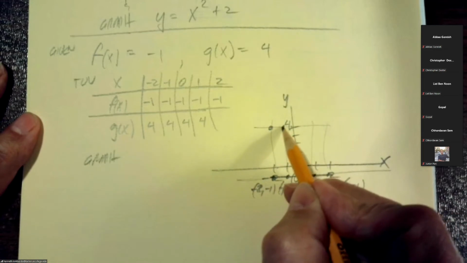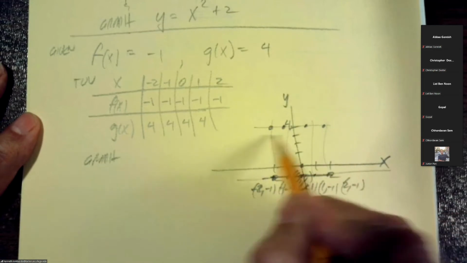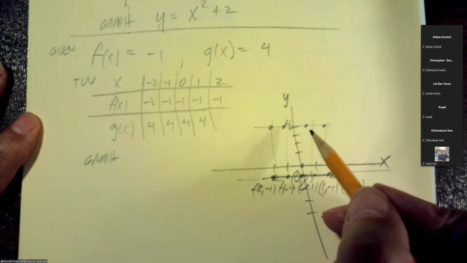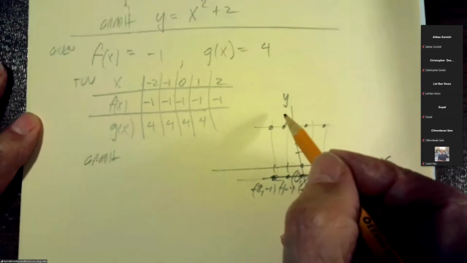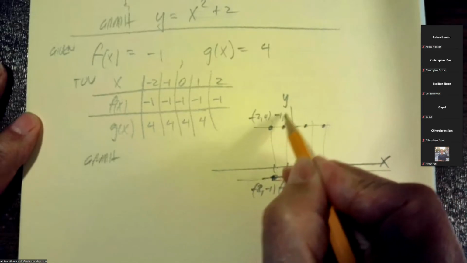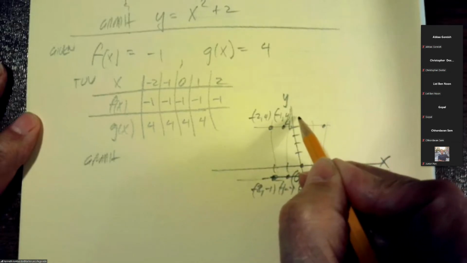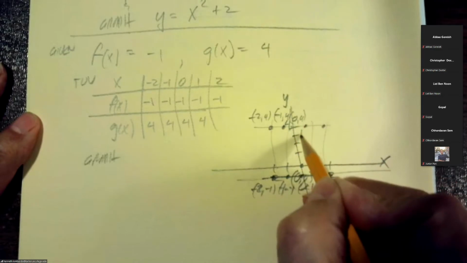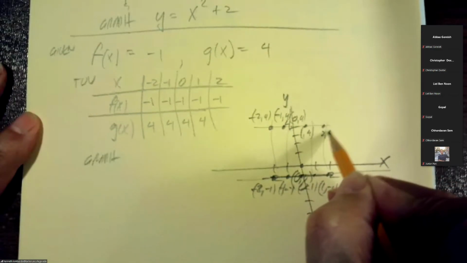We have points up here like this. And on here, you can't tell where anything is, but you know where it is because I'm going to tell you that it's at -2 and 4, -1 and 4, 0 and 4, 1 and 4, 2 and 4.